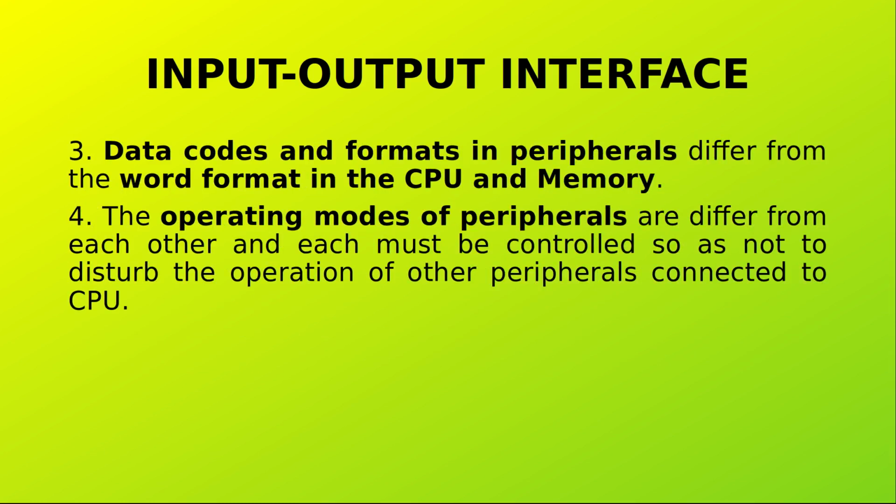The data code and format in peripherals is different from the CPU and memory. CPU and memory use bit, byte and word formats, but peripherals use totally different formats. The operating modes of peripherals are also different from each other. That is why we need input output interfaces.